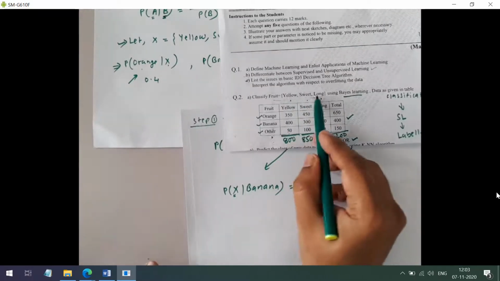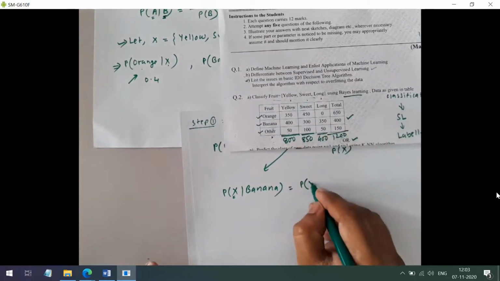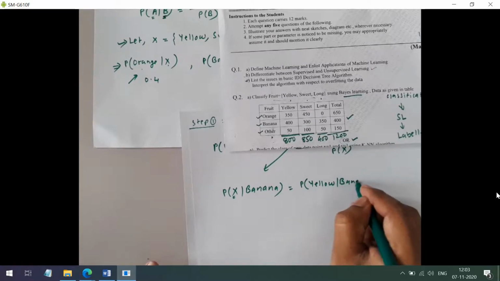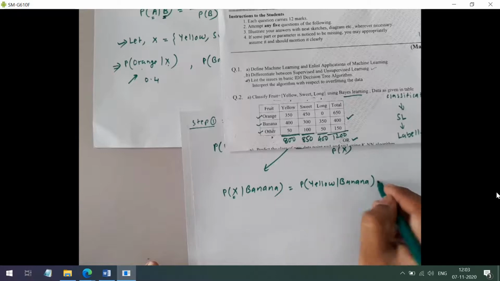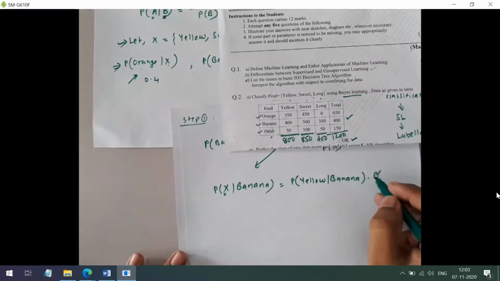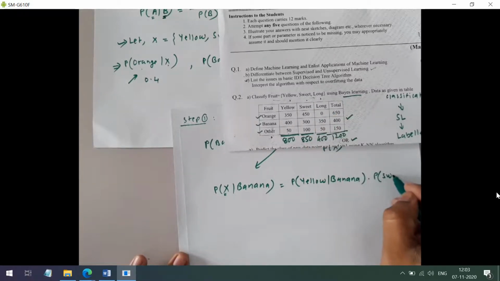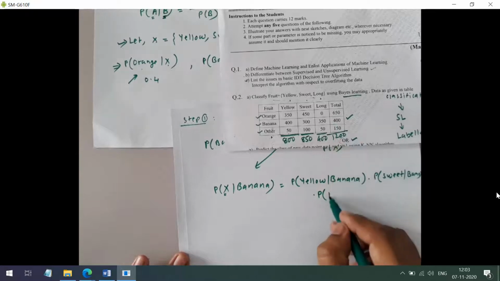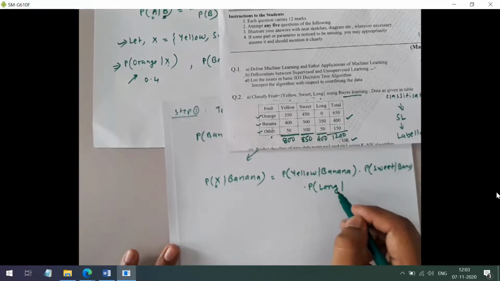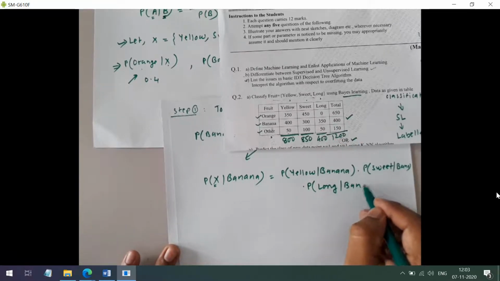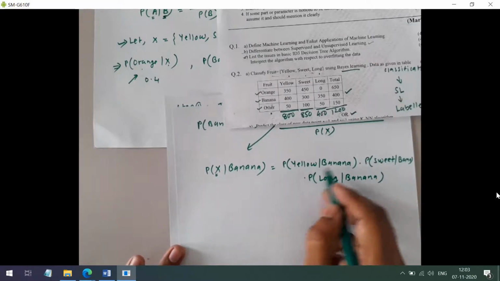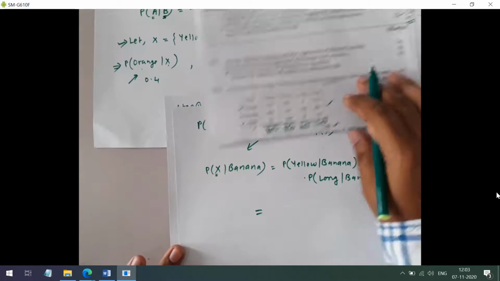x is this. So it is probability of yellow given banana into probability of sweet given banana into probability of long given banana. Now we'll calculate this using the shortcut technique.